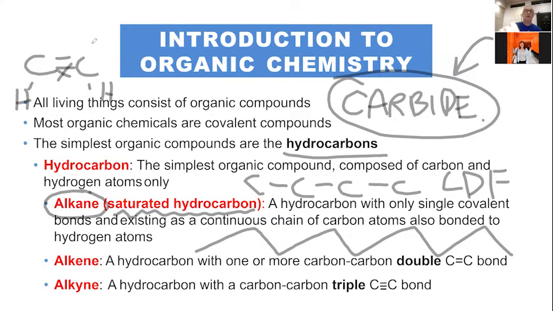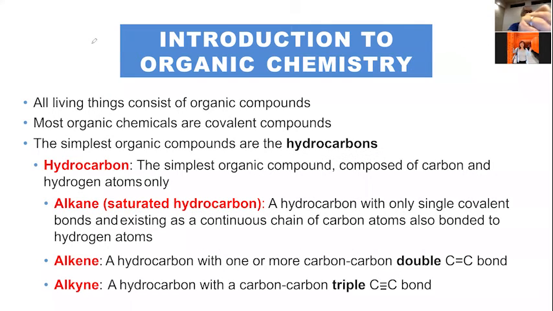On the other hand, oils, which have very similar compounds to butter, are unsaturated, and in some instances, polyunsaturated. That means that they have carbon-carbon double bonds. They have these sort of bent structures to them that aren't quite as regular.